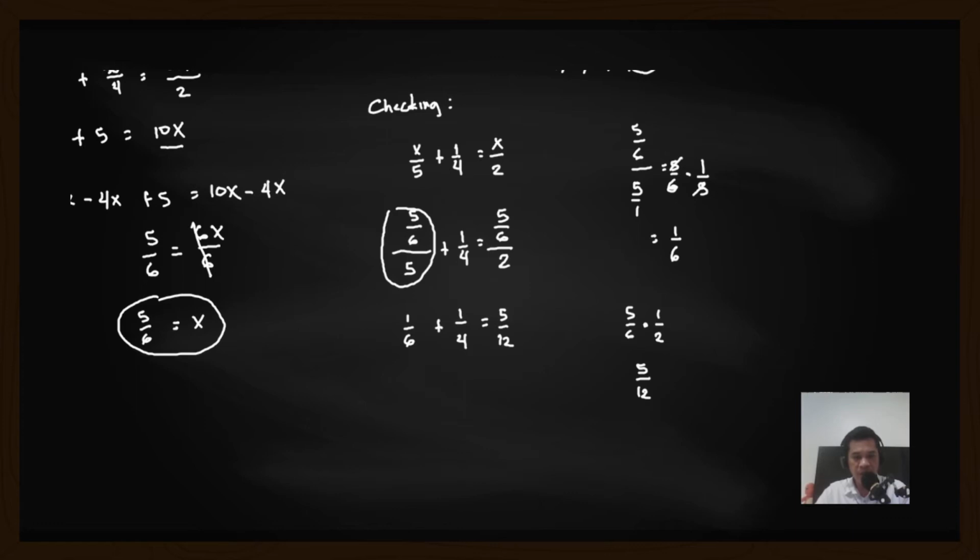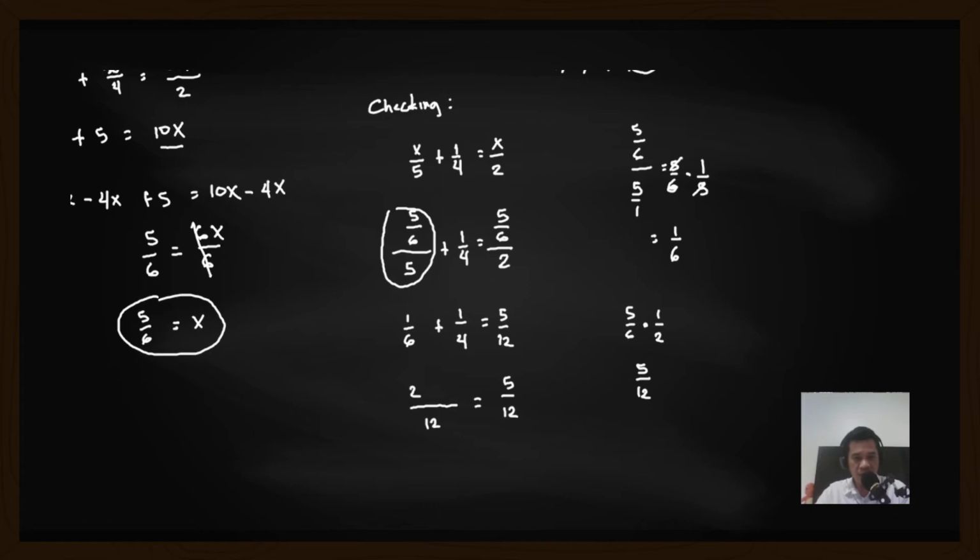How to simplify this one? We have 1 over 6 plus 1 over 4. So we're going to find the LCD of 6 and 4, that is, okay, 12. And then, copy natin dito sa side, 5 over 12. Okay, since the denominator is equal to 12, now 12 divided by 6, we have 2, and then times 1, that is 2.